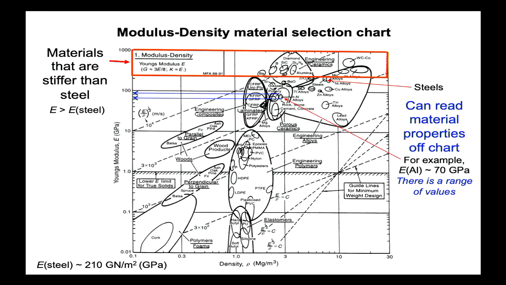The purpose is to demonstrate you can get the information from a resource, this chart. And aluminium's, by the way, Young's modulus, or stiffness modulus, is about 70 gigapascals, about a third of steel. So hopefully that's in your head already. You can be confident with the number.